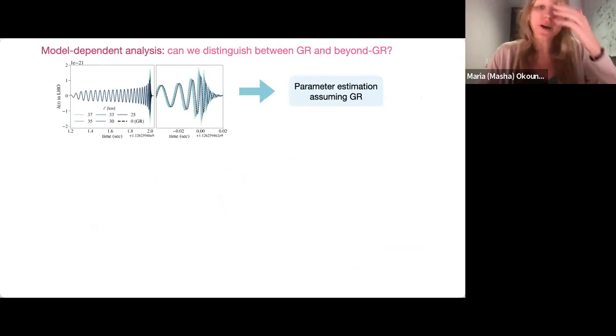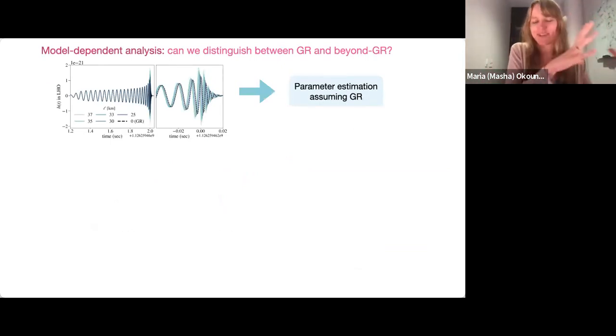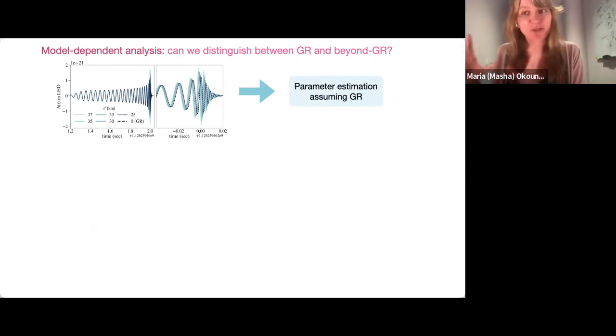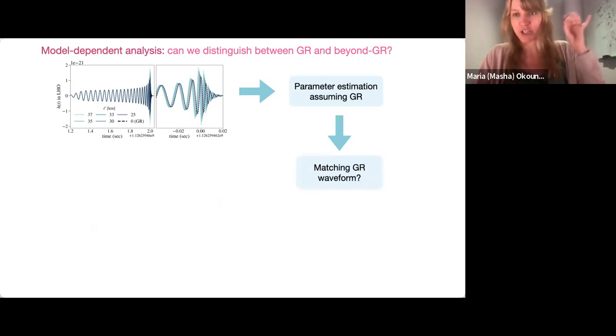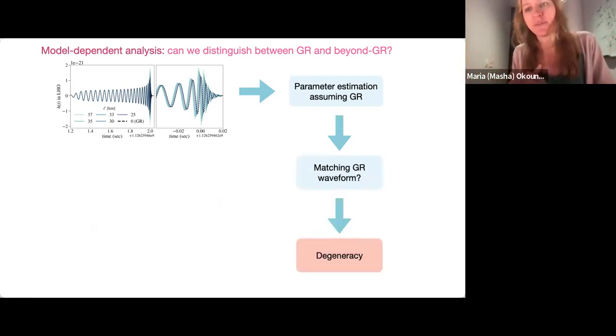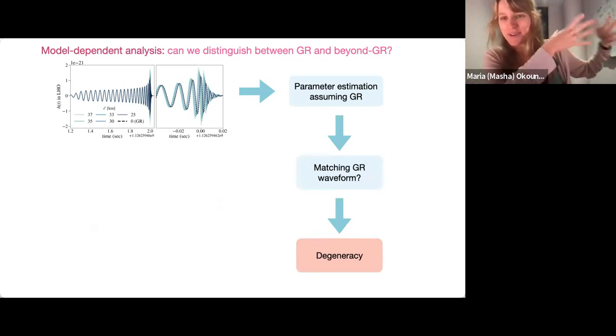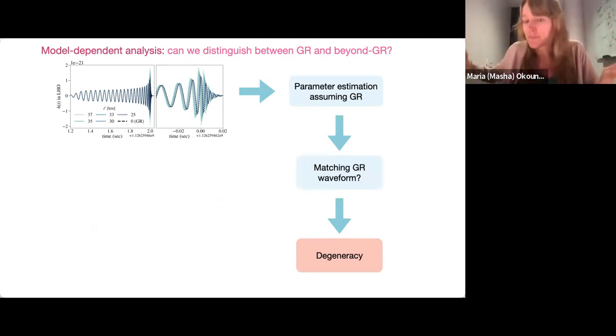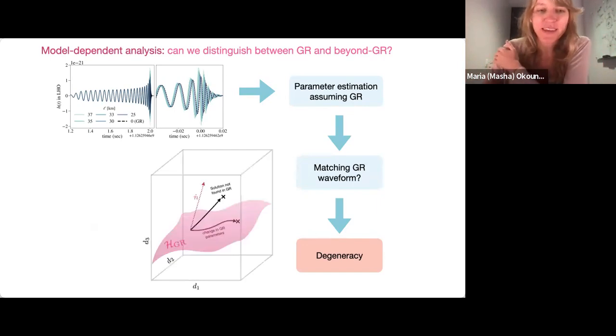And this is an important question because suppose we injected our beyond GR signal into a GR parameter estimation pipeline. If we found a matching GR waveform, this would basically tell us that there's a degeneracy between our beyond GR signal and some point in GR parameter space.